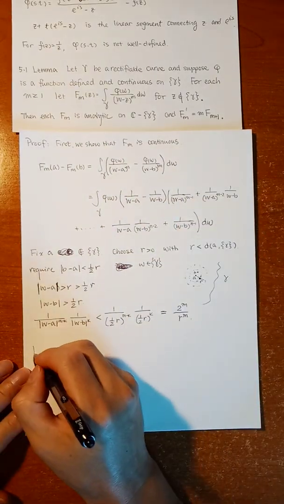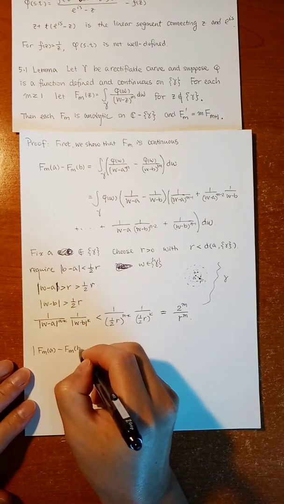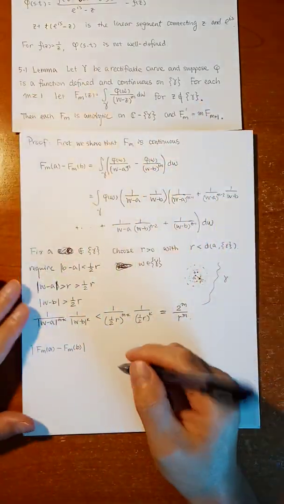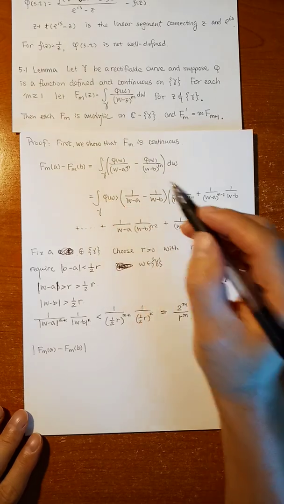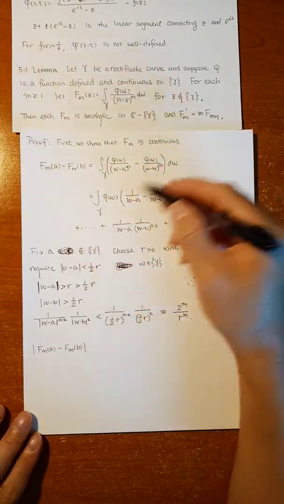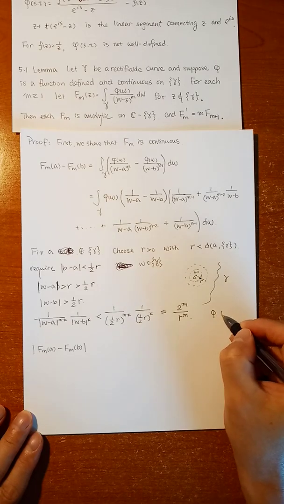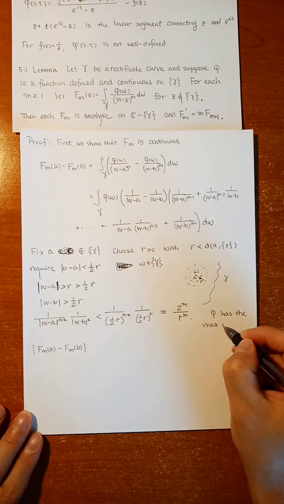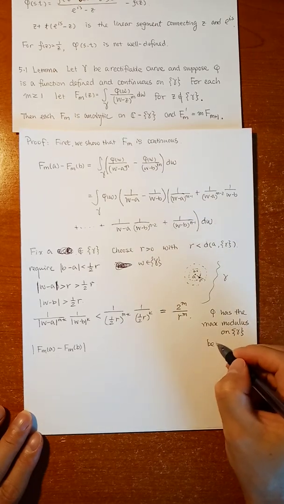Okay, so now let's see. f_m(a) minus f_m(b). We put the absolute value, and then we put the absolute value inside the integral. Remember, phi is continuous and gamma is compact, so phi has a maximum modulus on gamma.